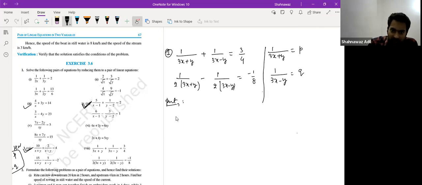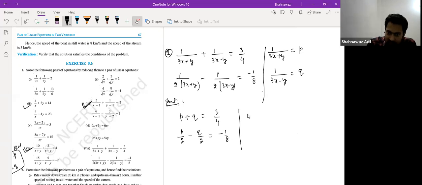Yes. So the first equation would become p plus q is 3 by 4, right? And this would be p by 2, and this would be q by 2, and this is minus 1 by 8, right? So let us simplify this.